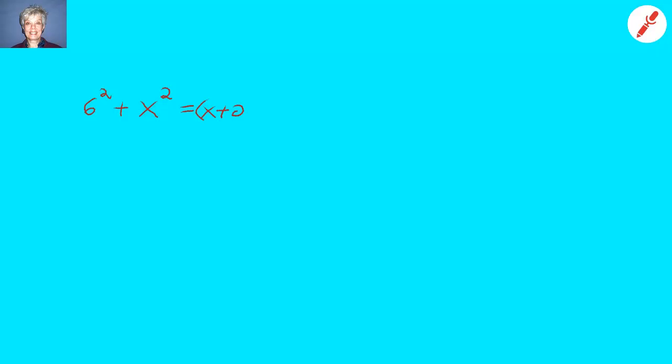Six squared plus x squared equals (x plus 2) squared. I reversed the first two numbers, but that's okay because we're adding.